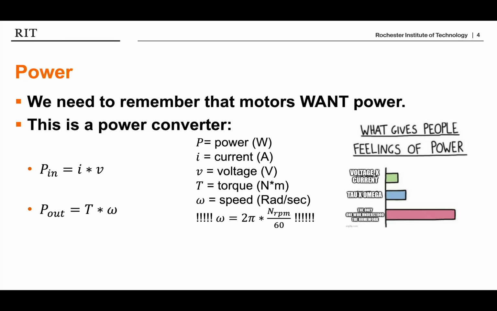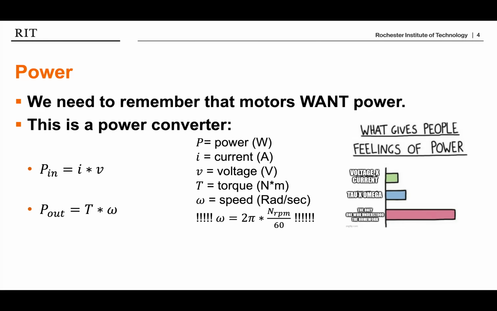Torque times omega. Well, omega is radians per second, and if we use Newton meters for torque, we get Newton meters times radians per second, which works out to be a watt, and that makes sense.